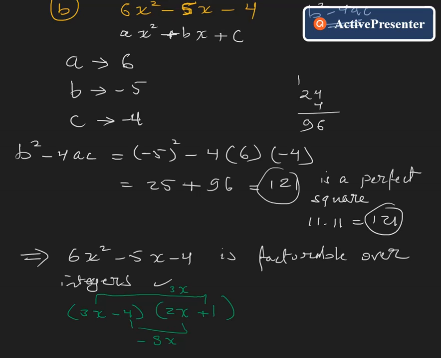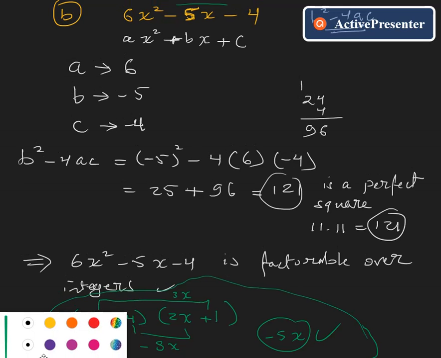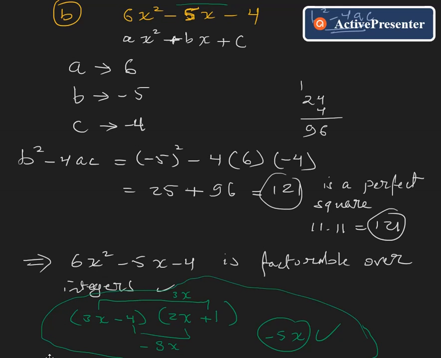If you add them together, you will get the middle term, which is minus 5x. Then your factoring is correct. This is additional to the question, because the question asks determine if it is factorable or not. You determine this trinomial is factorable over integers, and so far you are done.